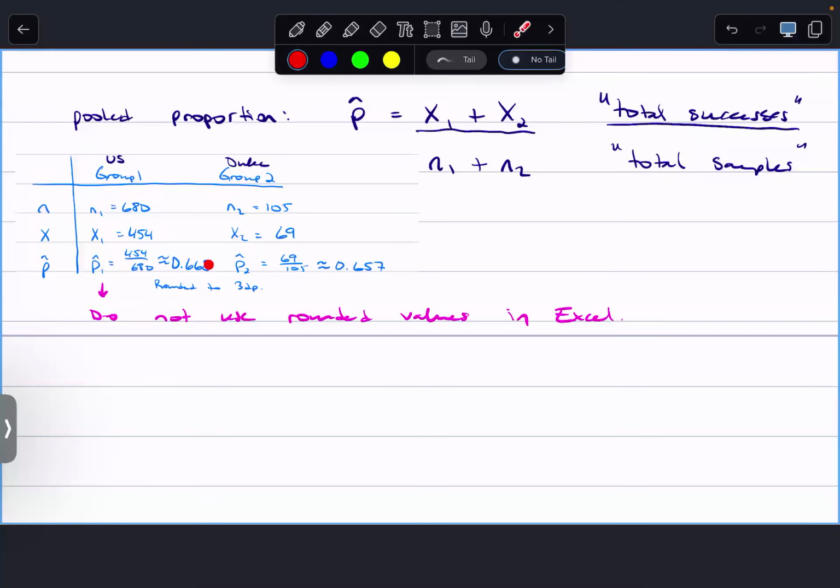That's one way of checking your work. Sometimes I see pooled proportions that are outside of p1 hat and p2 hat, and as a self-check, that doesn't make sense, so you'd want to go back and make sure you've got it all sorted out. So in this case, for p hat, I have the number of successes, 454 and 69, so I'm going to add those up.